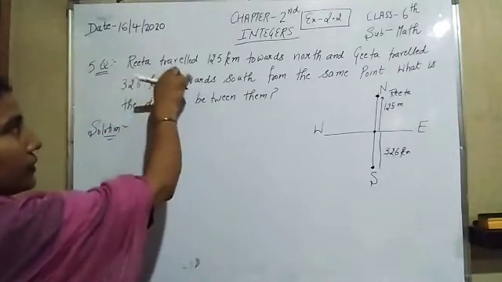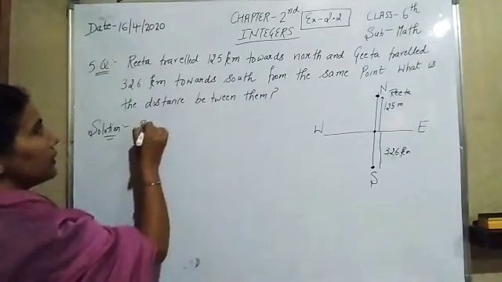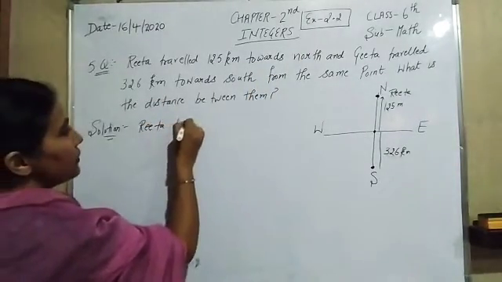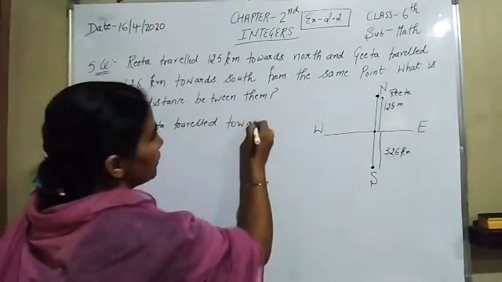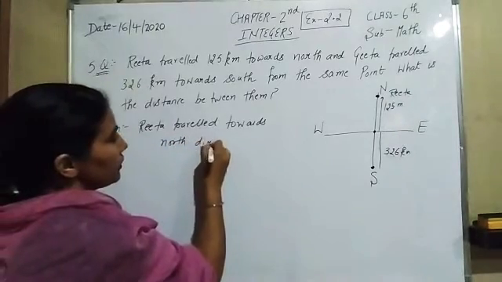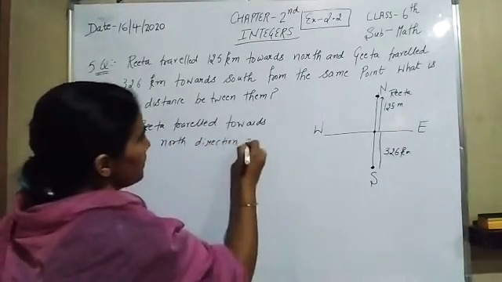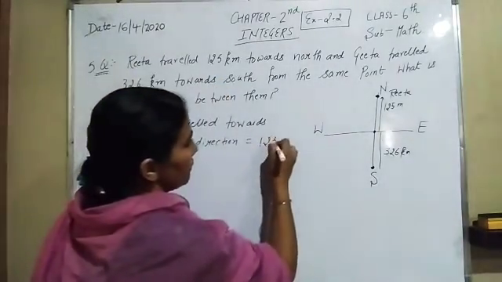Now Rita traveled towards the north direction. How much distance? That is 125 kilometer.